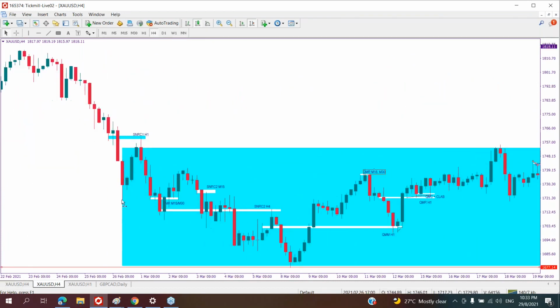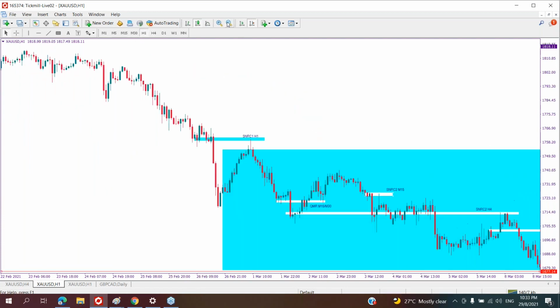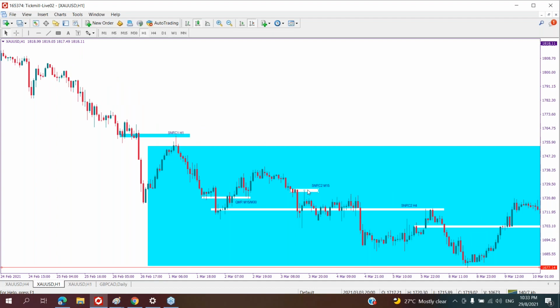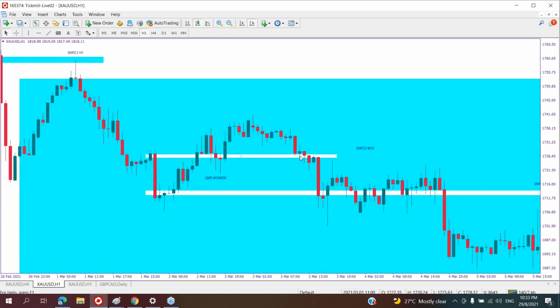Okay, in my recompounding, I have done a little bit of mistakes. This is strong resistance. This is drop base rally, and I was about to buy in here. I expected that the price would fly, shoot, something like this.